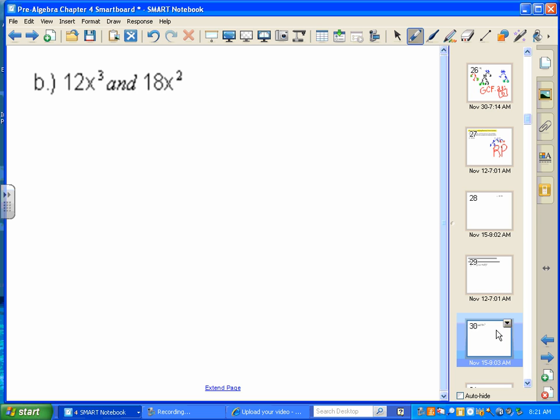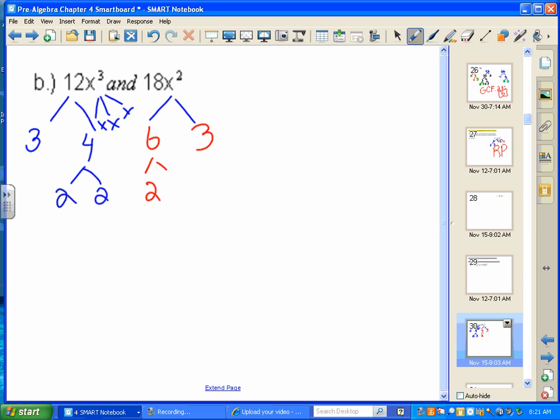So this is a little tricky because of the variables. We're going to change 12 to 3 and 4, and then the x's to x times x times x, and then the 4 to 2 and 2. 18, let's do 6 and 3, and then x squared to x and x.